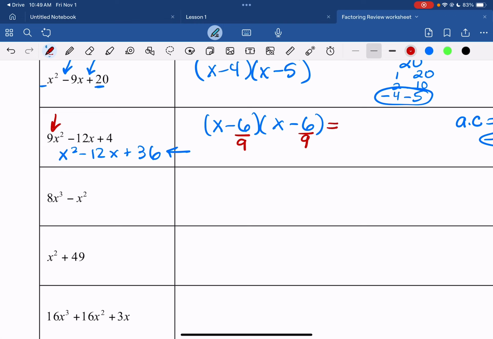Now here's the tricky part. Before I can slide it over, I have to reduce those. So this actually becomes x minus 2/3 times x minus 2/3. Now I can go ahead and go through the process of sliding those over. So I have 3x minus 2 and 3x minus 2.